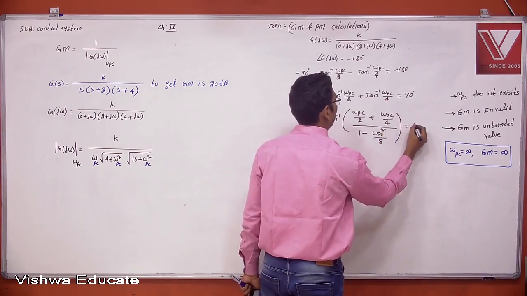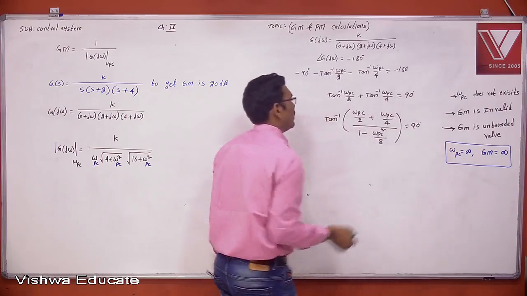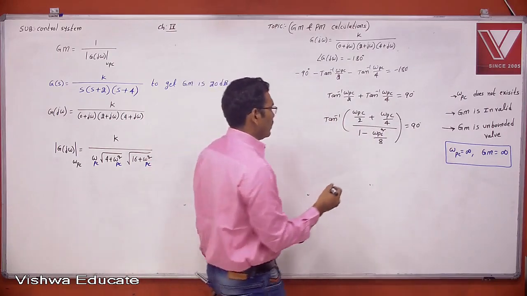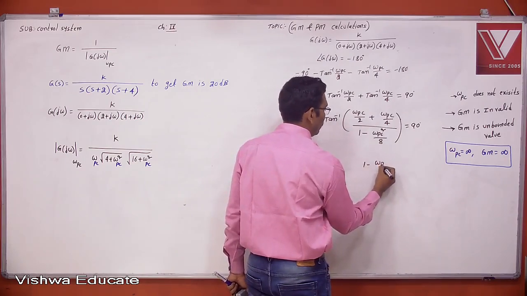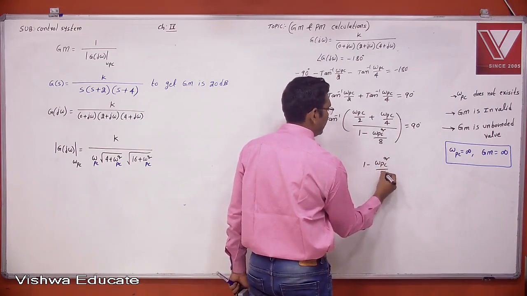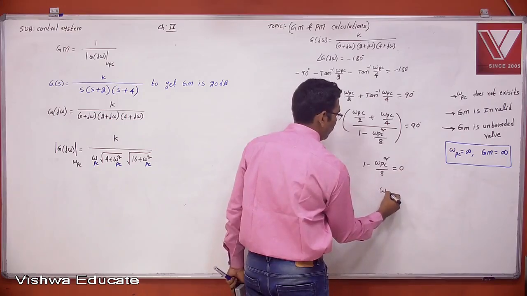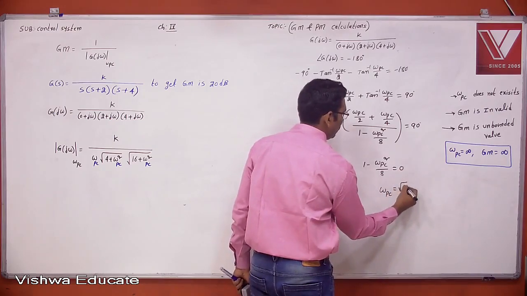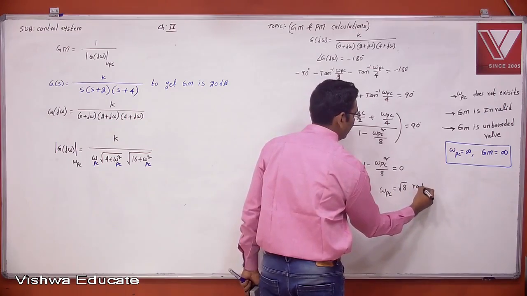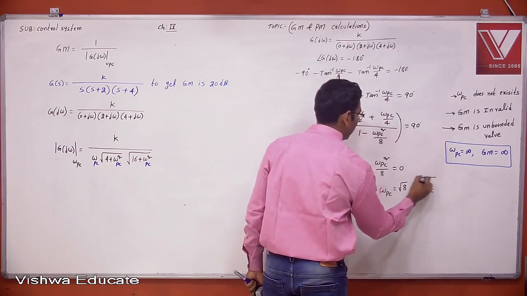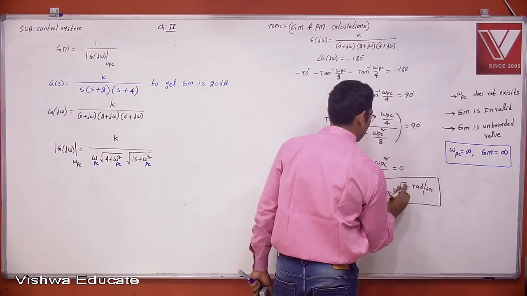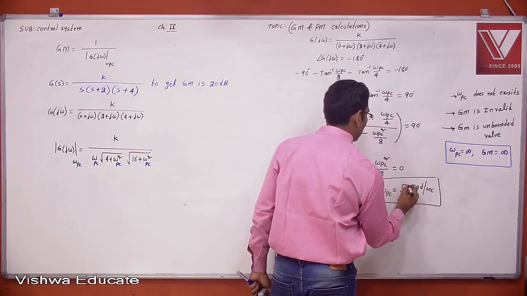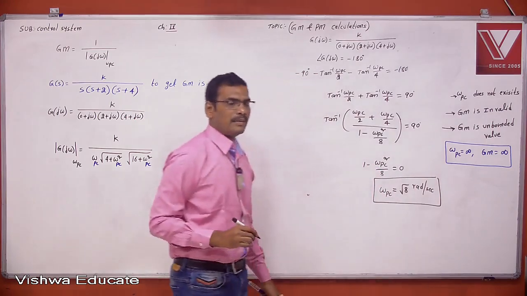This is equal to 90 degrees. Tan 90 is infinity, which is 1 by 0, so 1 minus omega PC square by 8 equals 0. Omega PC is equal to root 8 radians per second. This is the phase crossover frequency.